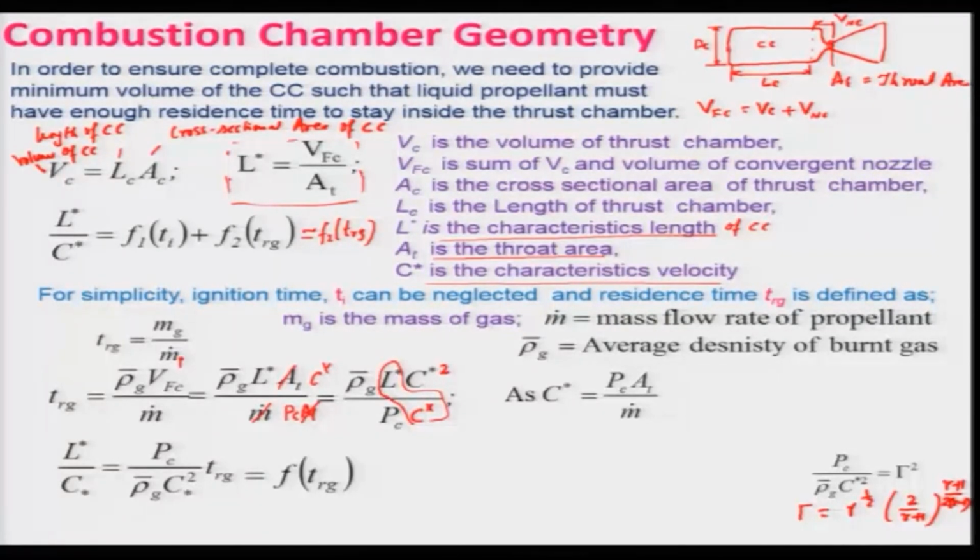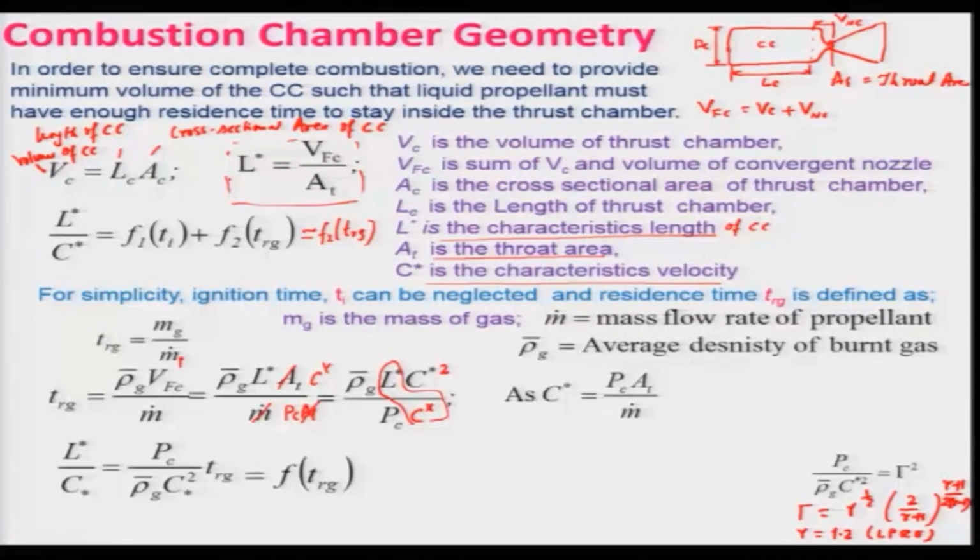Generally, the gamma for a liquid propellant engine is taken as 1.2. Of course, that depends on the type of propellant you are using, but generally it is taken as 1.2 for the majority of the liquid propellants.